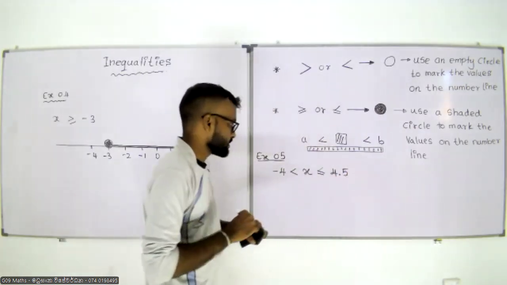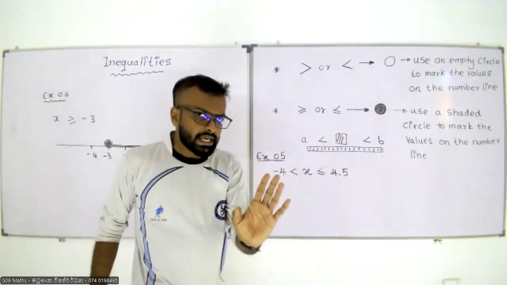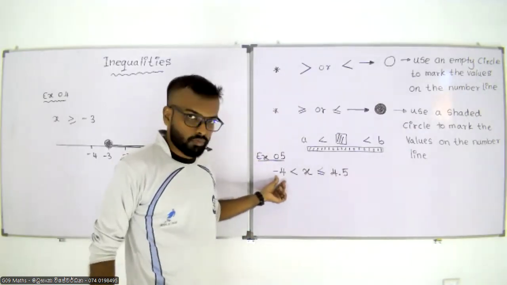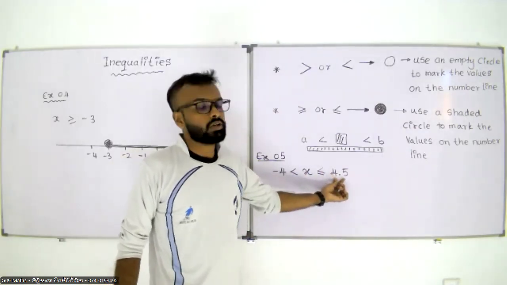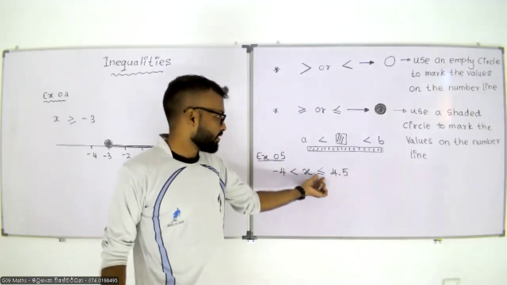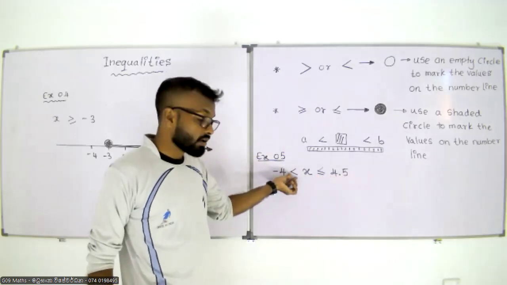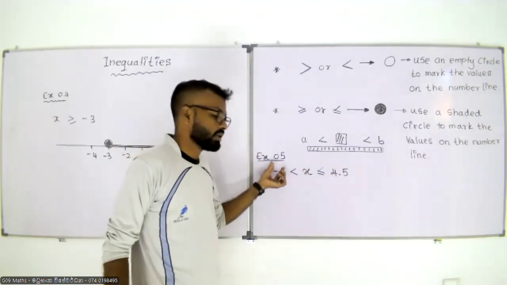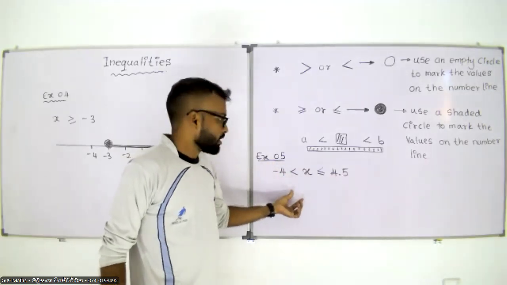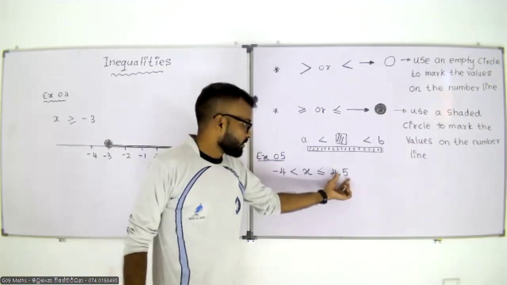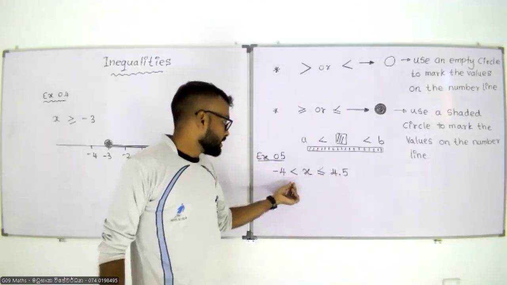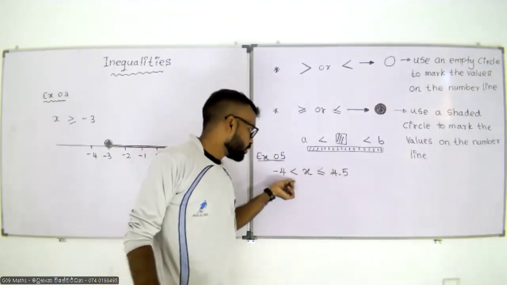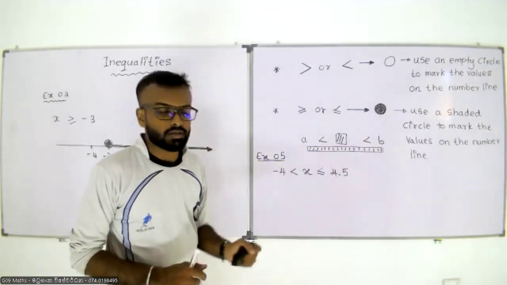So you need to understand: for the x answer, we cannot include -4, because we do not have an equal mark there. We can include 4.5 because we have an equal mark. And in between those two values, all the possible values we have to mark.